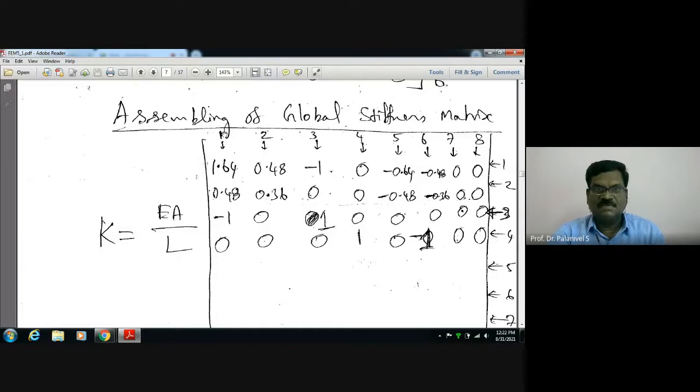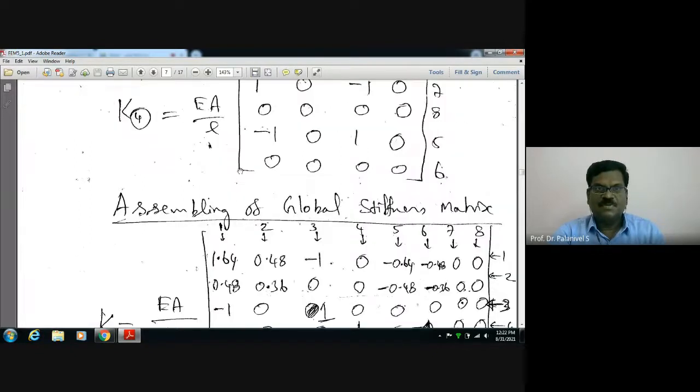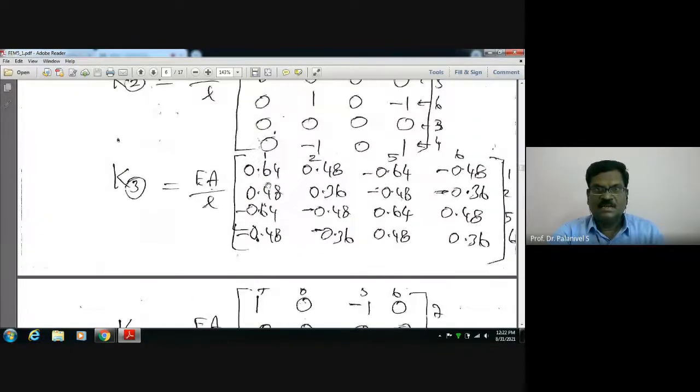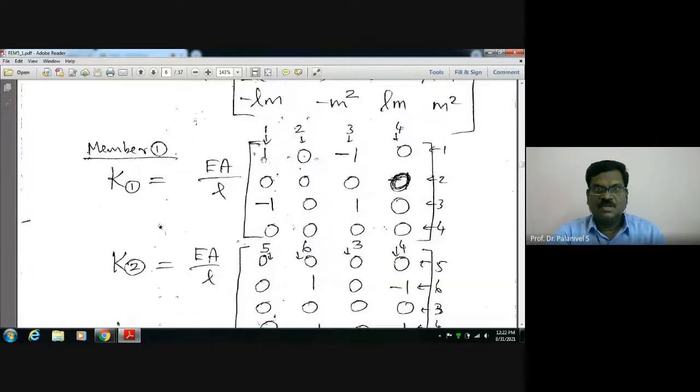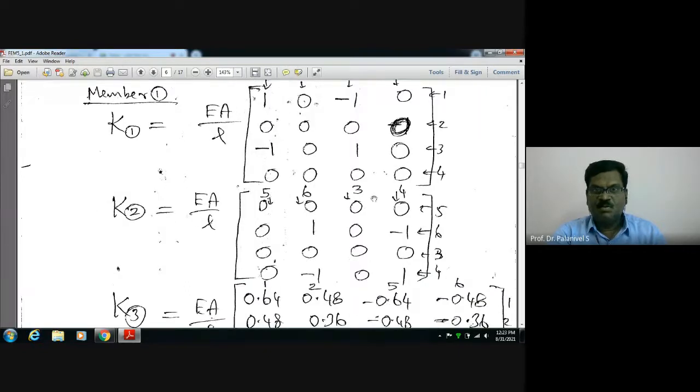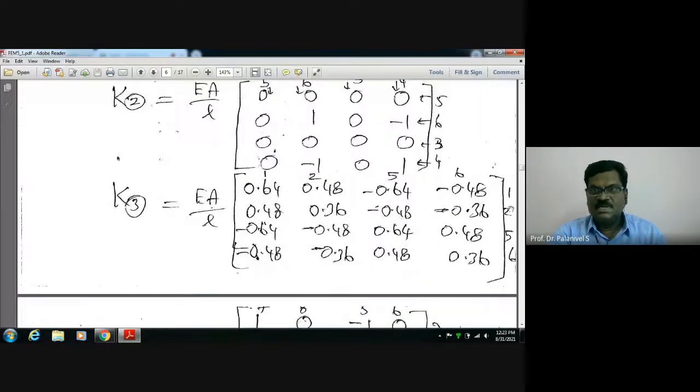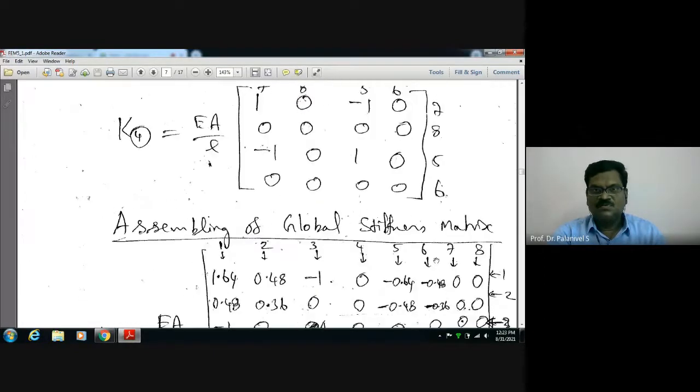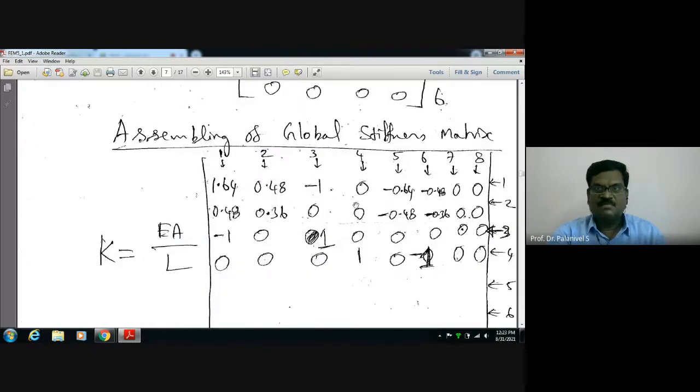Wherever 1 1 is there, add them and write down here. Here one value is 1, here no 1 1, and here 1 is there with 0.64. If I add 1 plus 0.64, it is 1.64. So I have written 1.64 for 1.